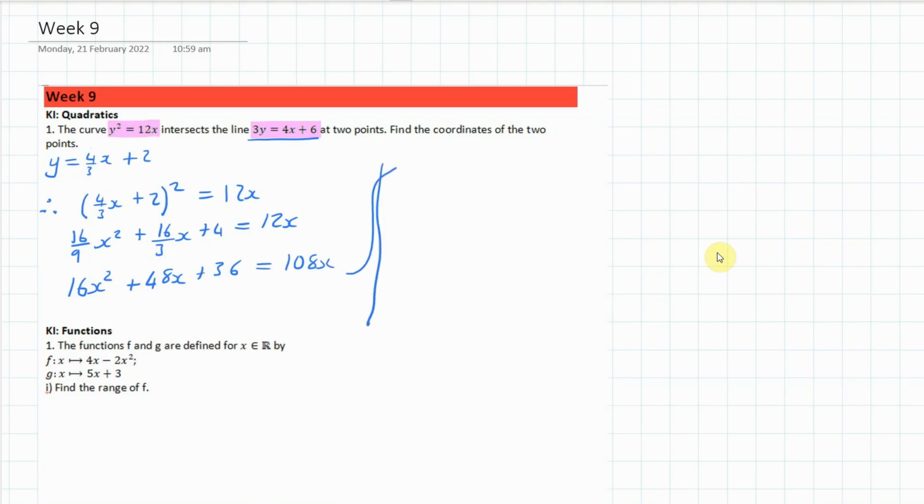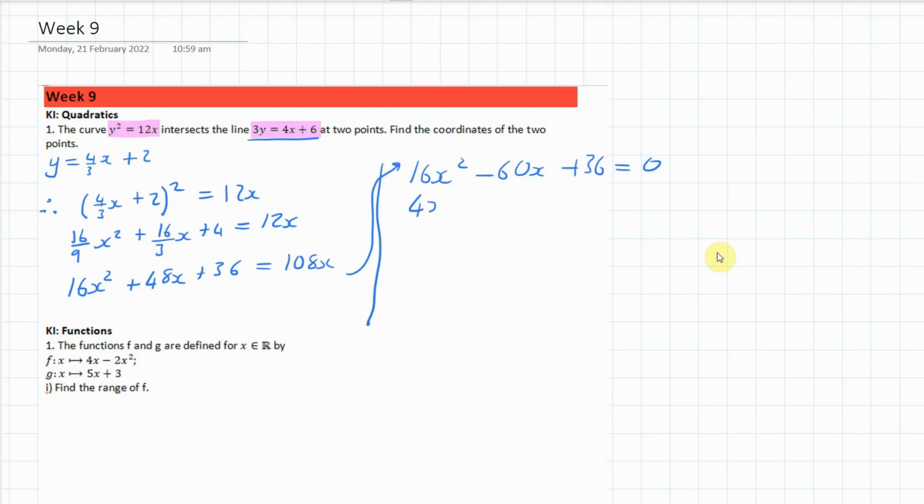Now I'm just going to move over to here to continue my working. I'm going to bring everything across to the left-hand side. So I'll get 16x squared minus 60x plus 36 is equal to 0. Now, I can divide everything by 4, I think.